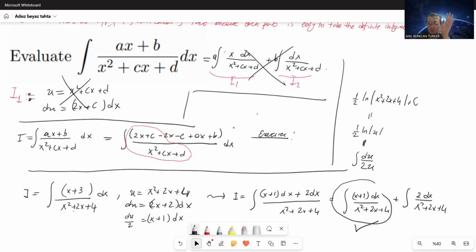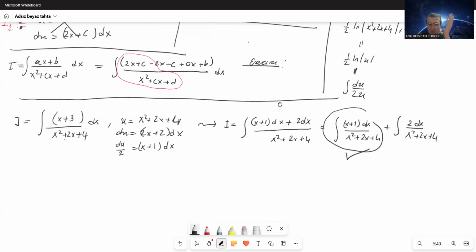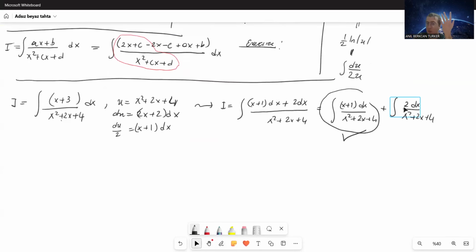Now I am only focusing on this constant numerator part, right? So let's solve the integral dx over x squared plus 2x plus 4, because either you solve this or the twice version, you can just multiply.